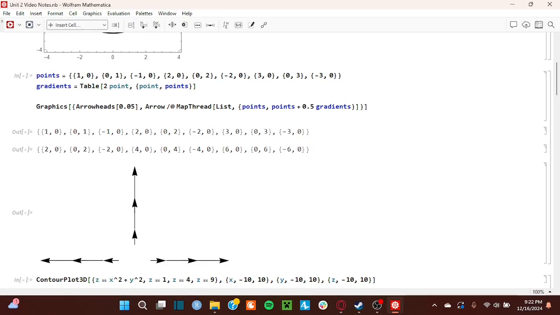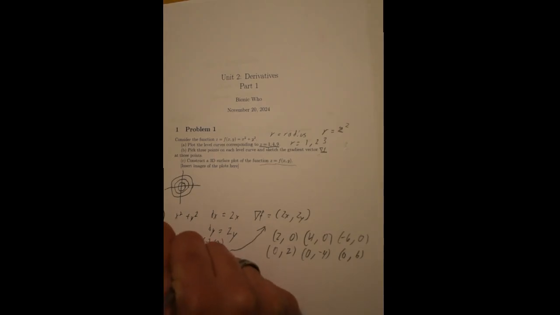But the last thing we would do is part C, which wants us to take our original function and plot it into Mathematica.